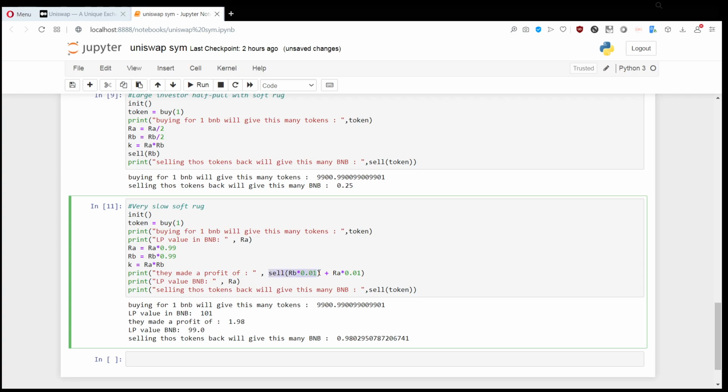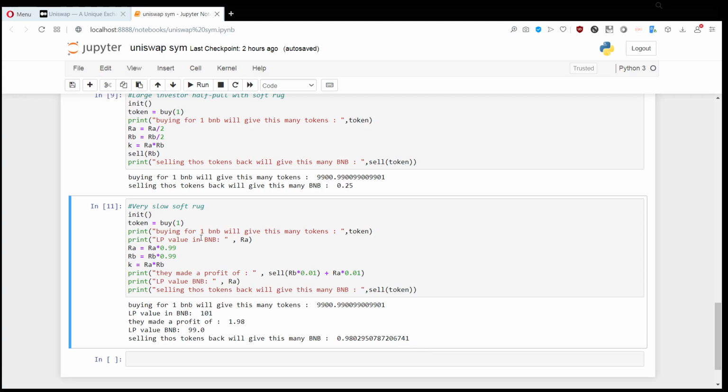And they sell off the token and take the BNB, and in that case they walk away with almost 2 BNB. This formula is a little bit off, I think, but that doesn't matter. So they walk away with 2 BNB, and after that the value in the liquidity pool is only 99, because they took out 1 BNB and they sold another 1 BNB. And that's what you actually see once you start selling your token, 2% of the value is lost.